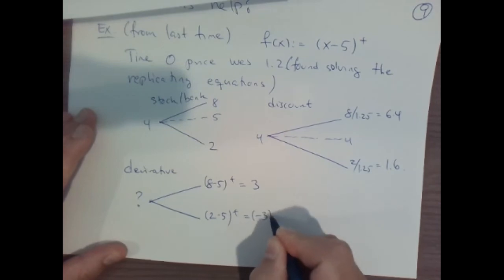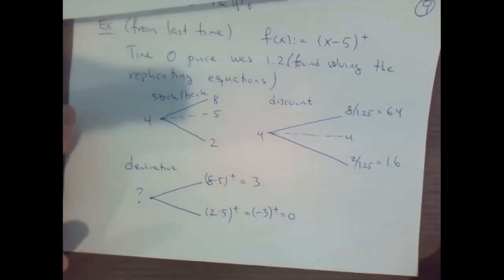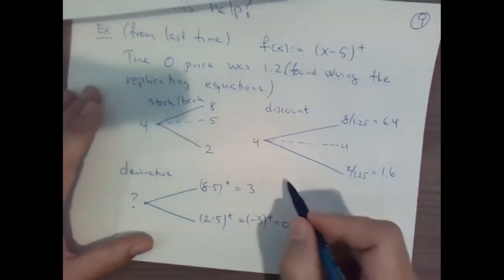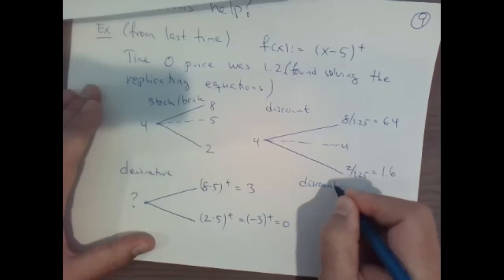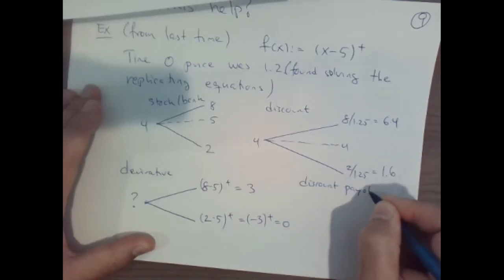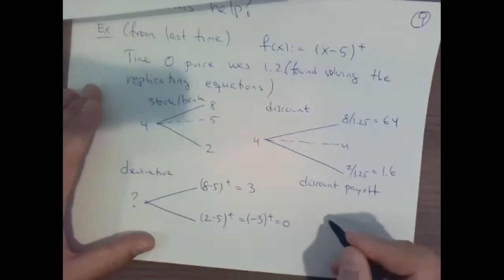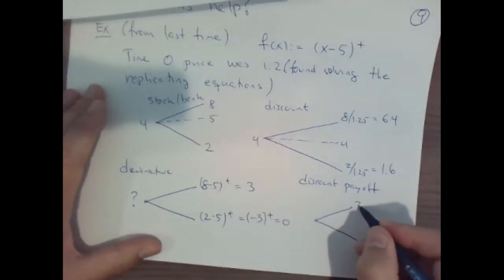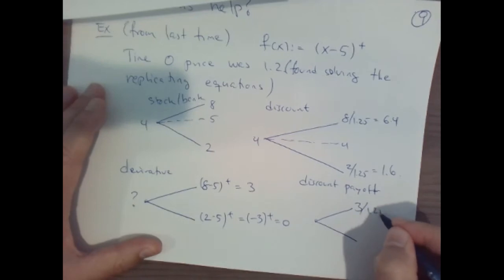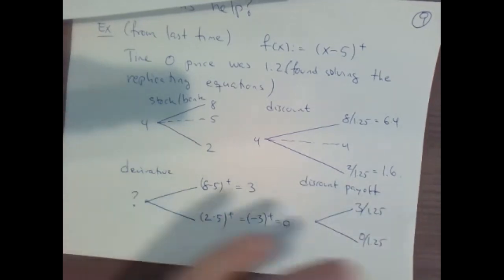So this was minus 3 positive part. That was a 0. So again, if I discount the payoff, this will be 3 divided by 1.25, and this will be 0 divided by 1.25.